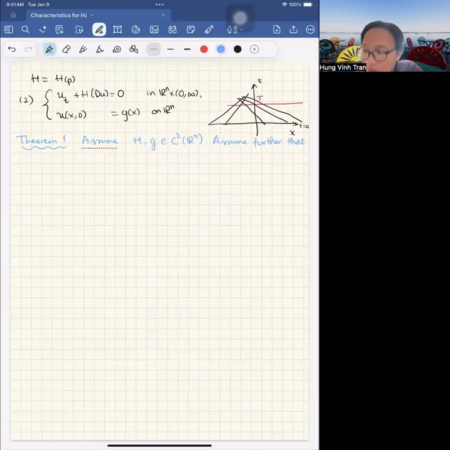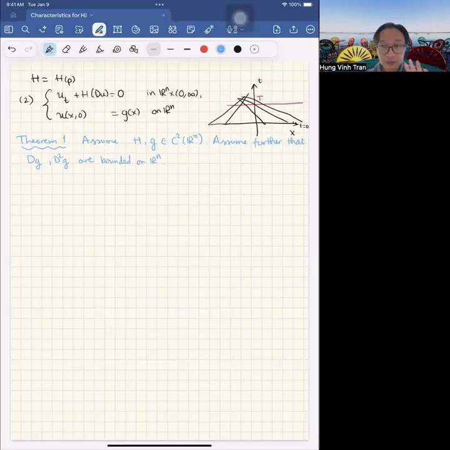that the gradient and the Hessian of G are bounded. So DG and D squared G, the gradient and the Hessian, on Rn, everything is bounded. Let's say they're bounded by the constant C, or some big number, whatever.